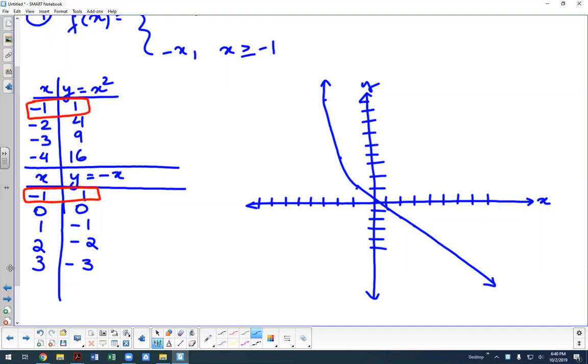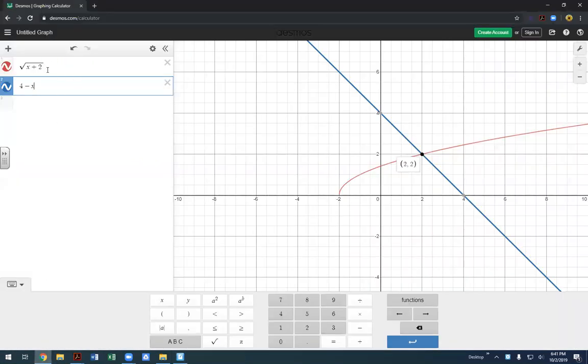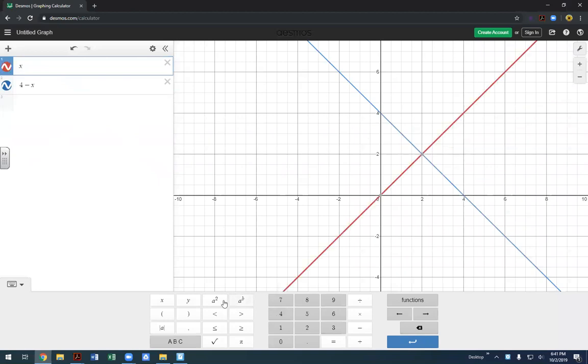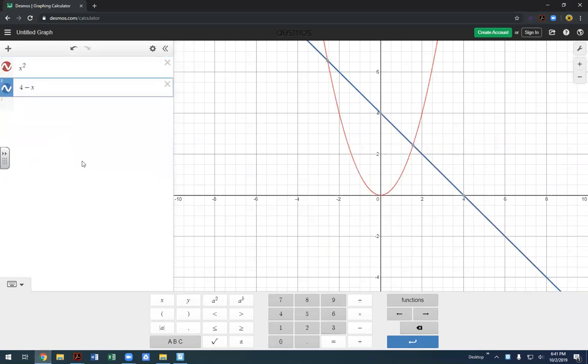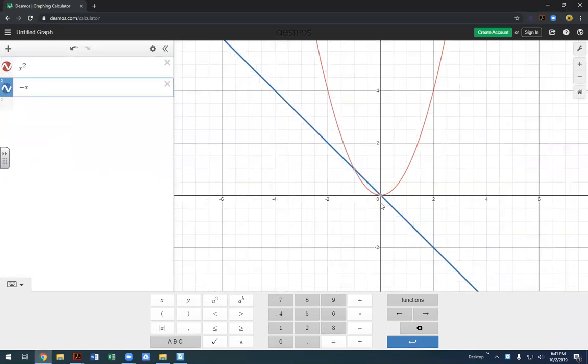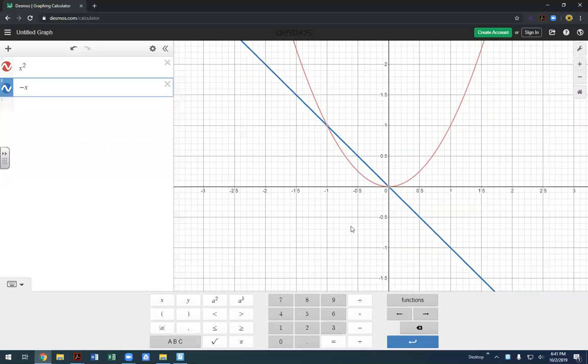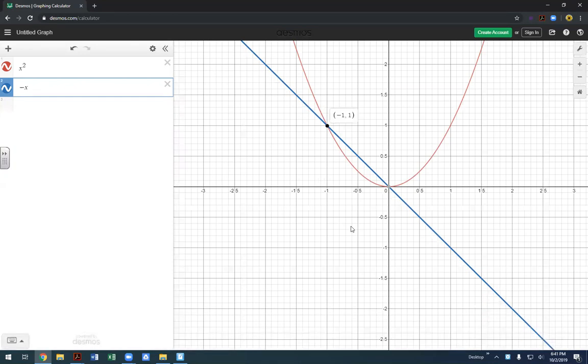So this is what our function looks like, and again, just to show you graphically what this would look like. This should be x squared, and this should be just -x. This is where the change is happening.